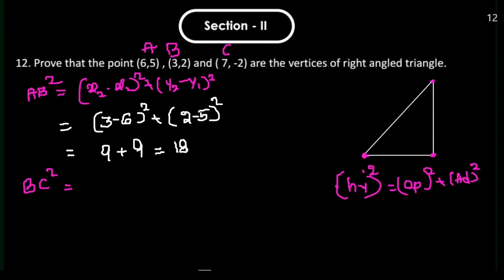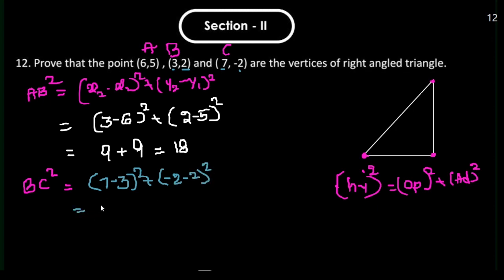Now this is x1, y1 and it is x2, y2, right? Now x2, 7 minus 3 whole square, 7 minus 3 whole square plus y2 minus 2 and y1 is 2, so minus 2 whole square.